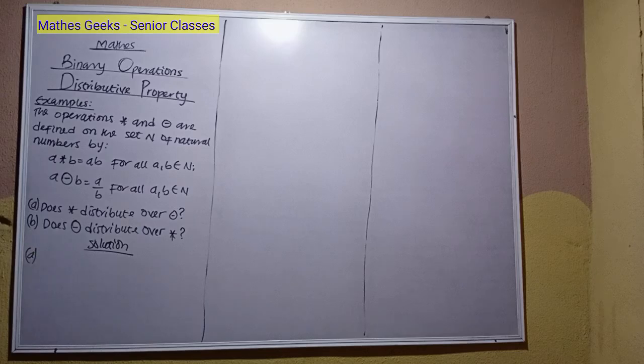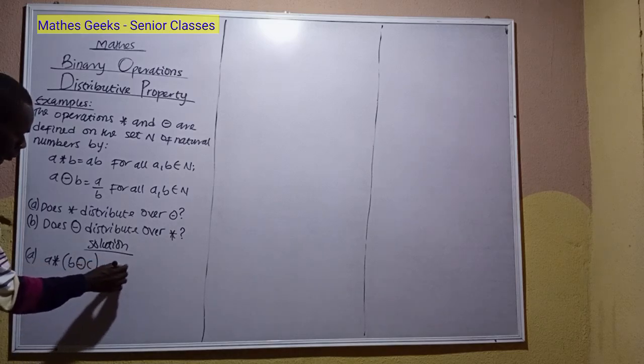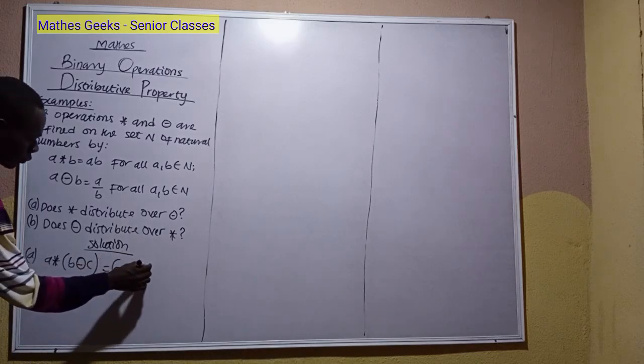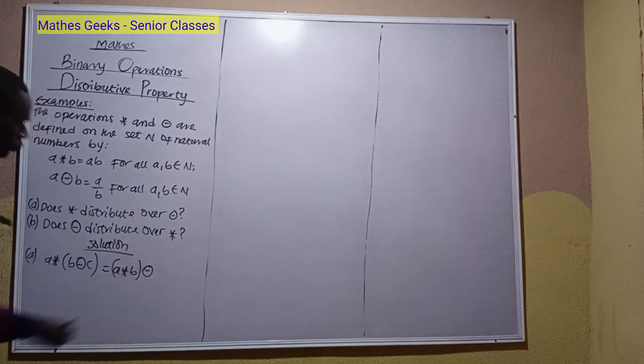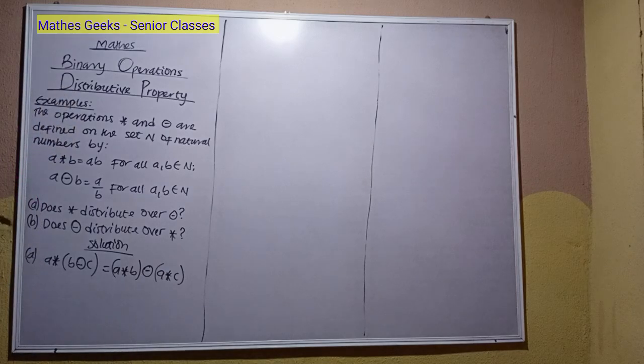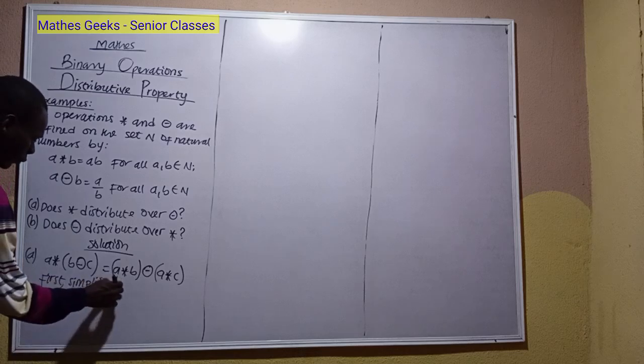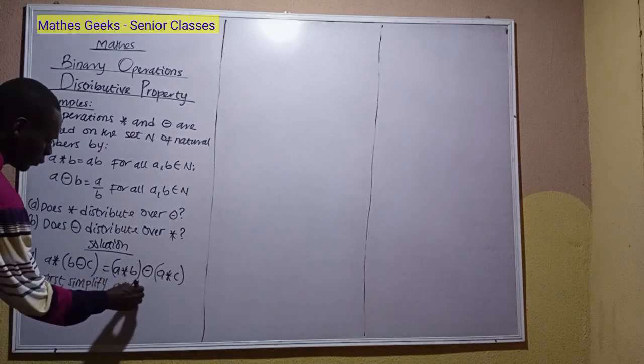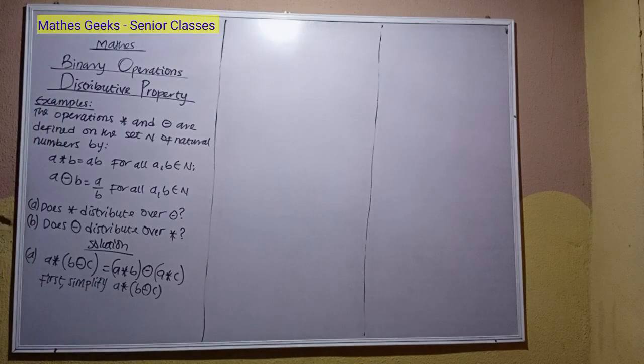If star must distribute over O, it means it will be A star (B O C). That's what it implies, and this will give us (A star B) O (A star C). So let's first of all simplify here. Let's simplify A star (B operation C).